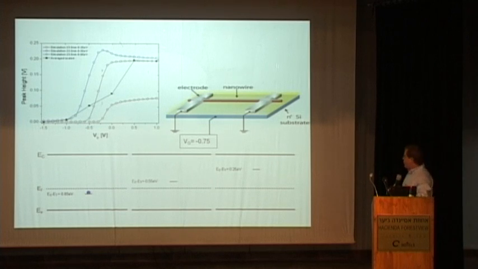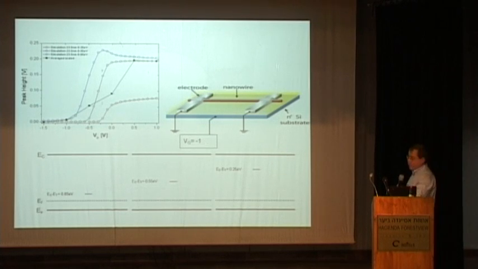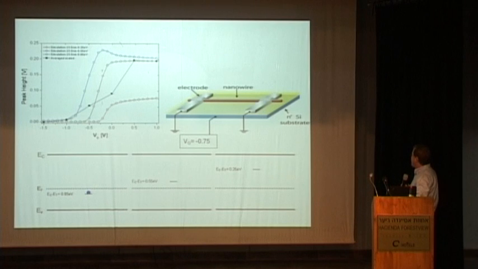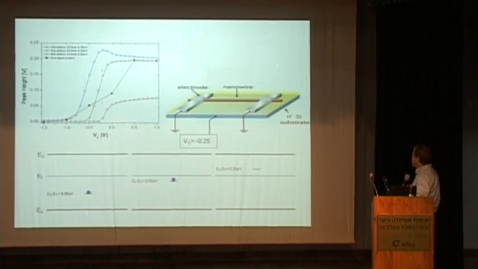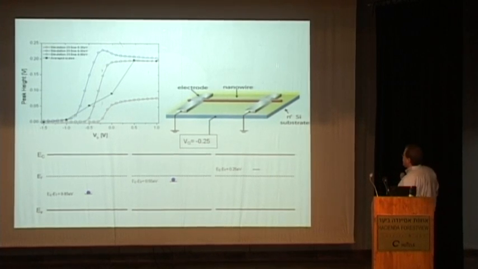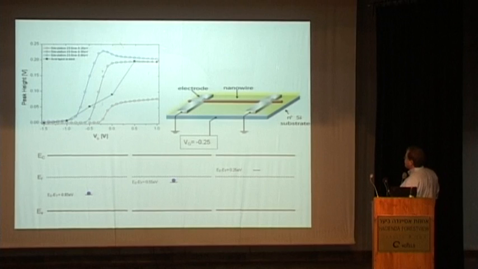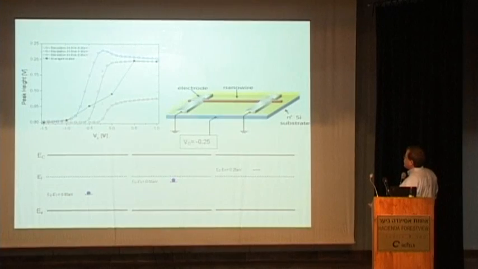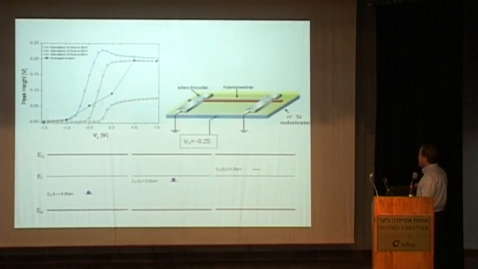So if we go further, we change the gate bias, we go to minus 0.25, then there is another population of traps, and so on. And the basic idea is we want to try to get a fit between the measurements. This is the measurements, the average of many peaks, and these are simulations for different locations of traps.